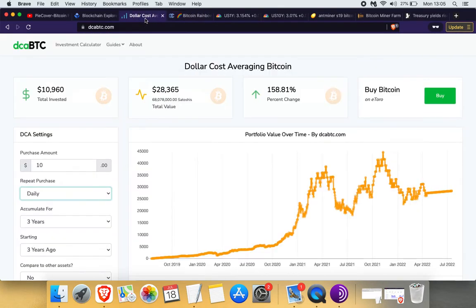And let's look at the DCA. DCA over here is $10 every day. For 3 years, this will give you 28,000. And that's with the Bitcoin price dropping more than 60%.